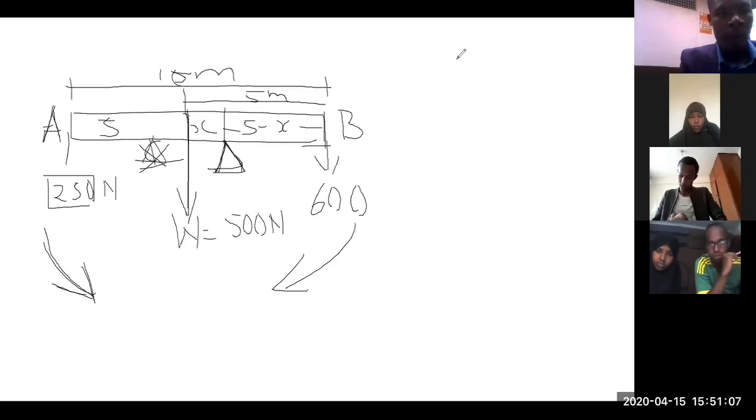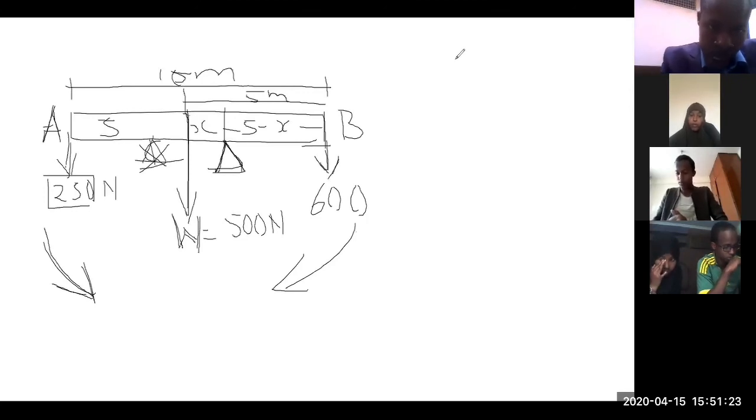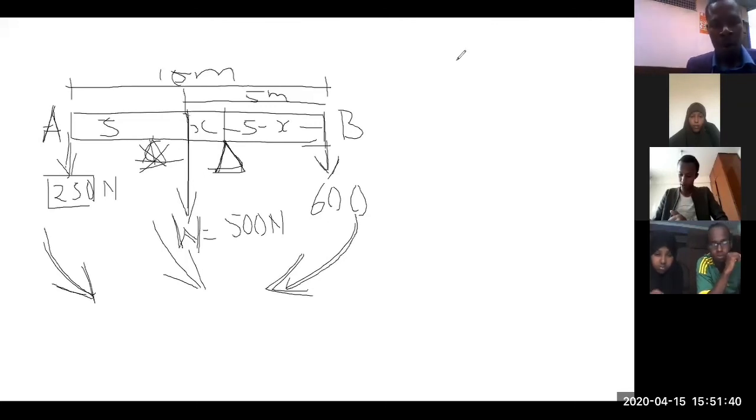If I take the force due to the weight of the body alone, and assume the other two are not there, the weight will be more down, so it will tilt in a clockwise moment. Only the force of 600 Newton acting moves it in a clockwise moment. So this is anti-clockwise, this is anti-clockwise, and this is clockwise.